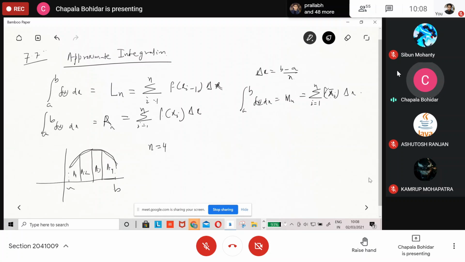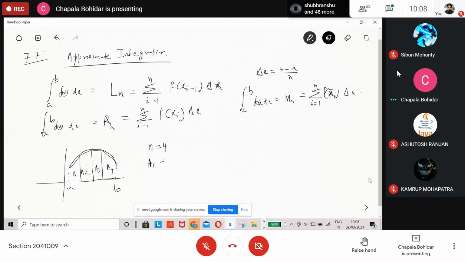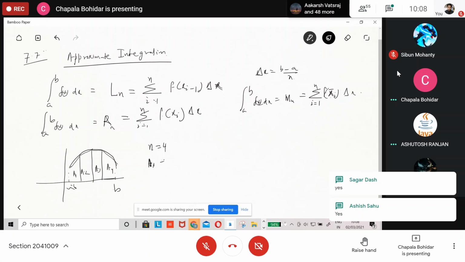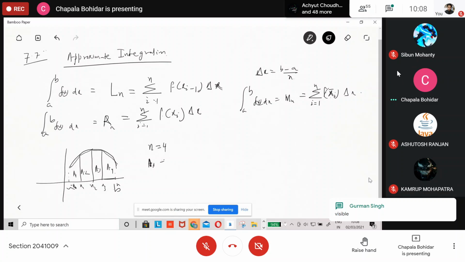So the area of the trapezium is, say, x0, x1, x2, x3, x4.